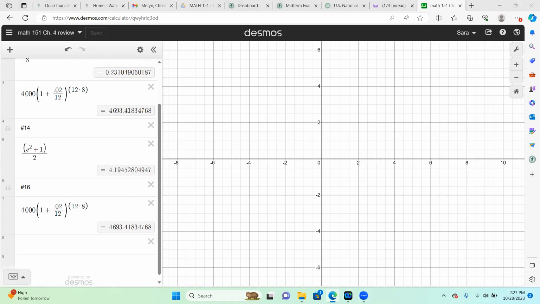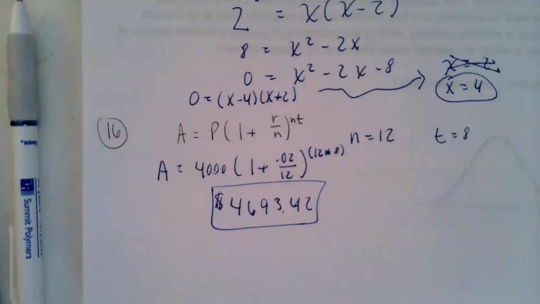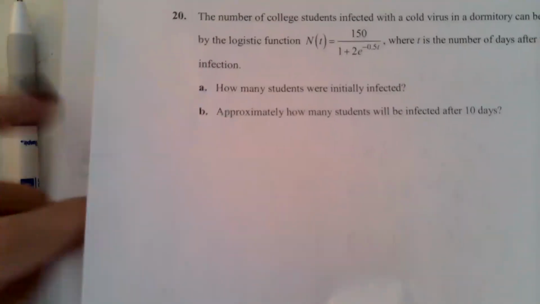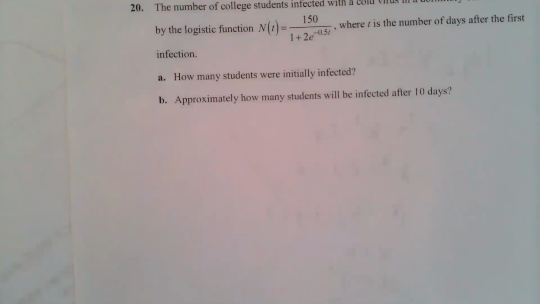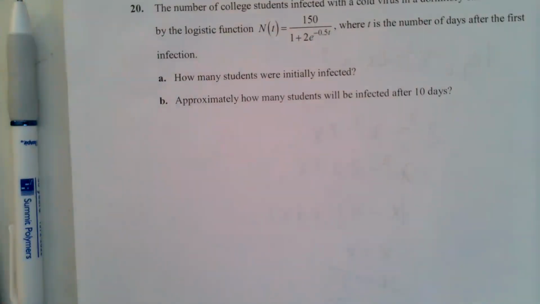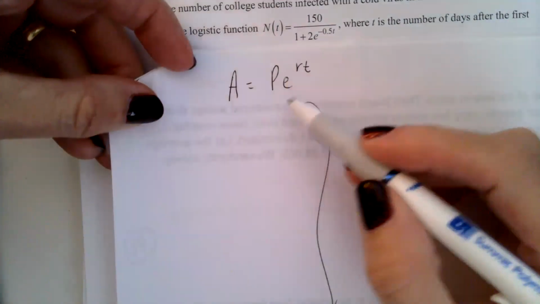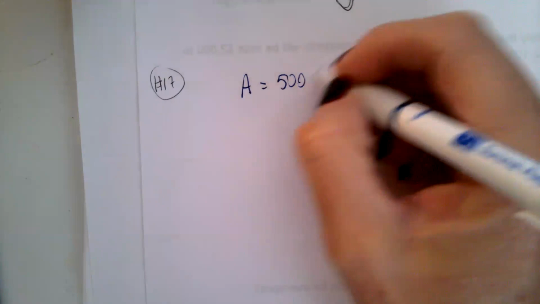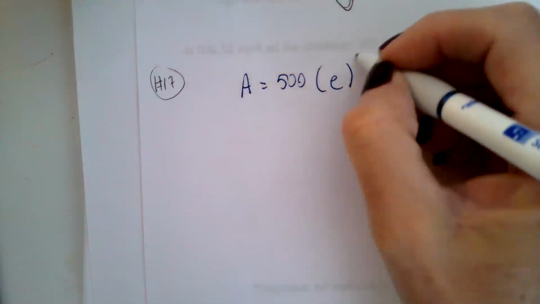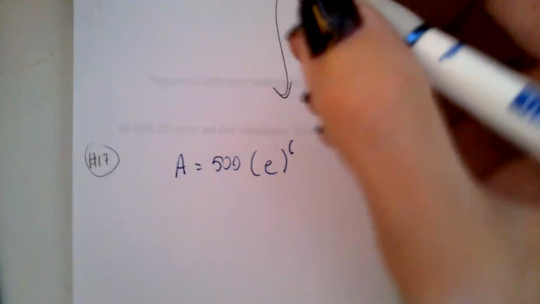Now let's look at question number 17. It says, find the value in 5 years of an initial investment of $500 at an interest rate of 3% compounded continuously. So this is the formula we're going to be using for that. A equals P times e, which is what we use when we're compounding continuously. So it said we're investing $500. I'm going to raise e to the rate that we're getting, which is 3%.